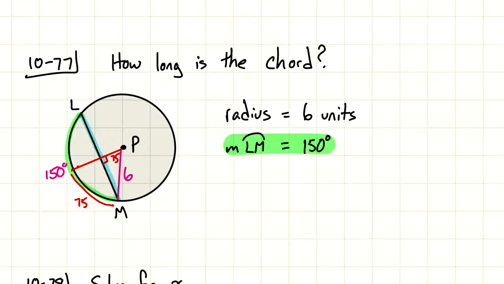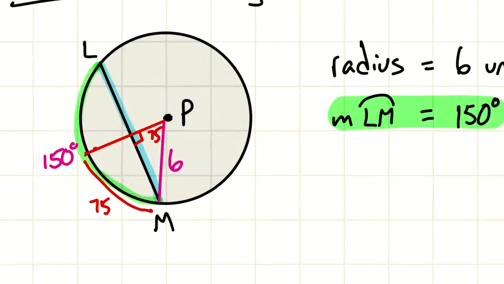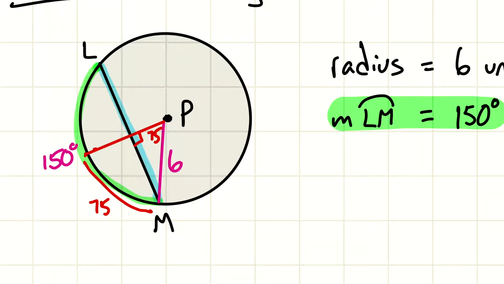And I've created this right triangle, where I could actually find missing measurements. So I could figure out what the measurement is half of that chord. So if I have an angle and I want to find this side that's opposite it, but I have its hypotenuse, then this is a perfect time for us to use our trig ratios.